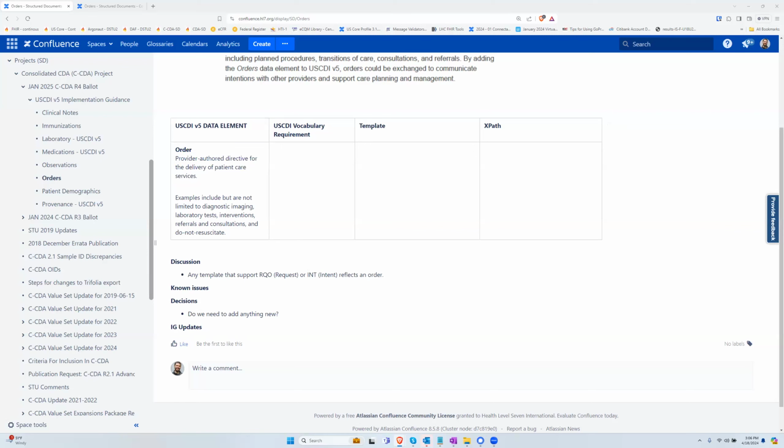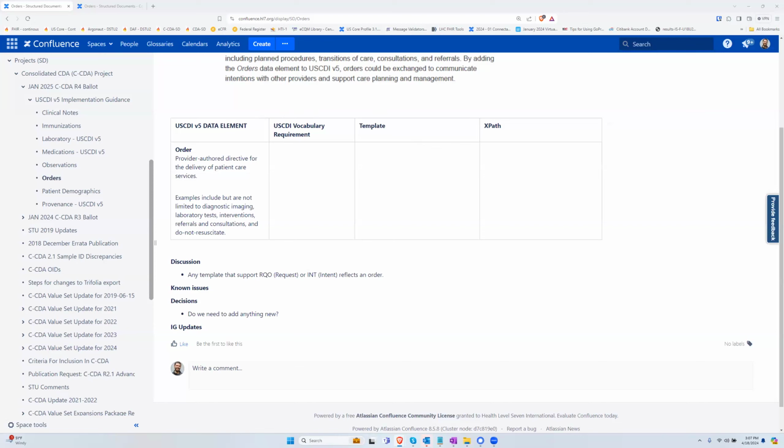Al, maybe you want to talk a bit more about how you decided to add this class? The gist behind this was an interest in being able to express and exchange a provider's intent to treat, by way of an order.